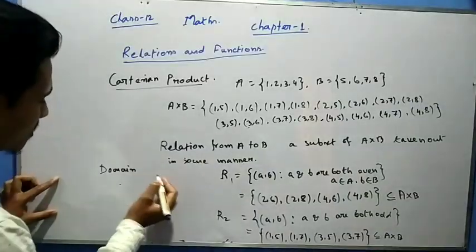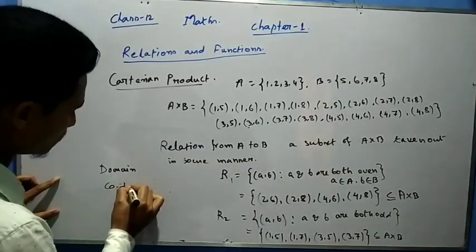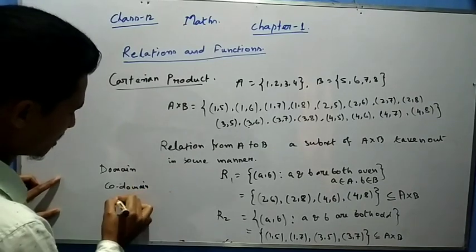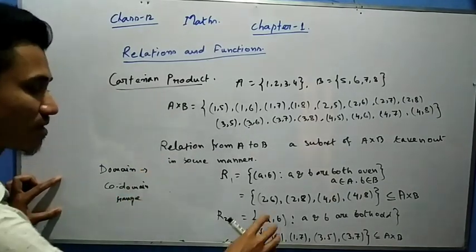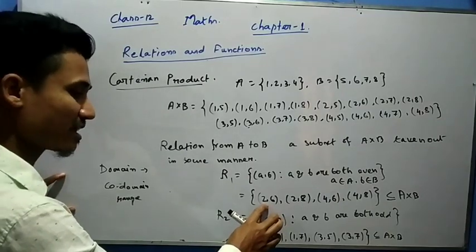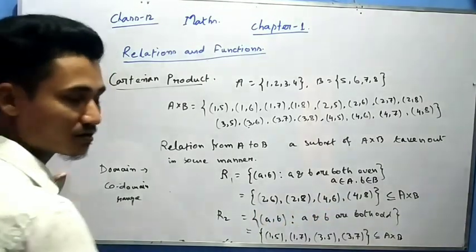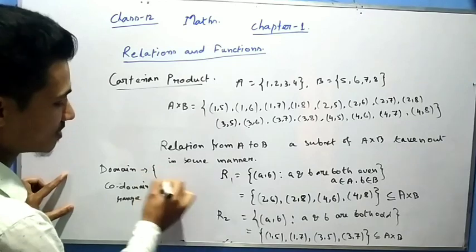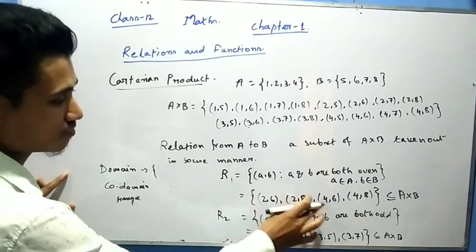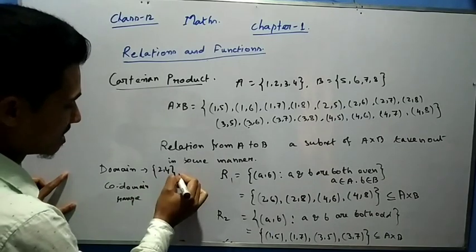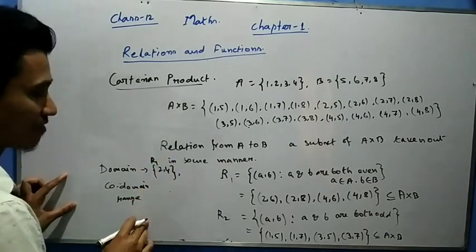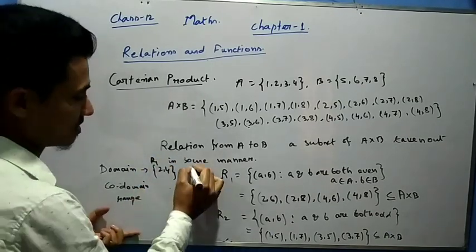Now, you know what we mean by domain, codomain, and range of a relation. Domain means, in a relation, the set of first elements of the ordered pairs. So what will be the domain of the first relation? 2 and 4. This is the domain for relation R1, and this is for relation R2.